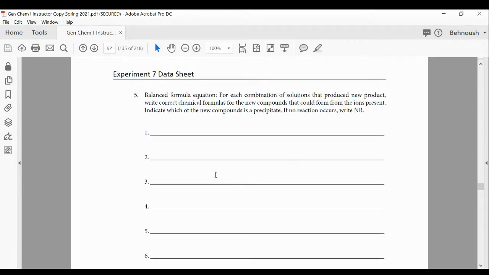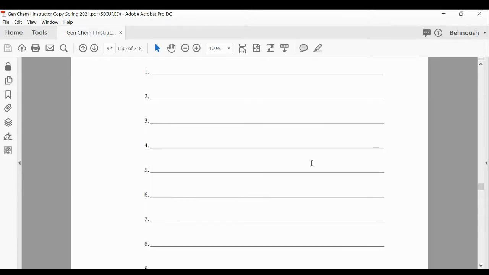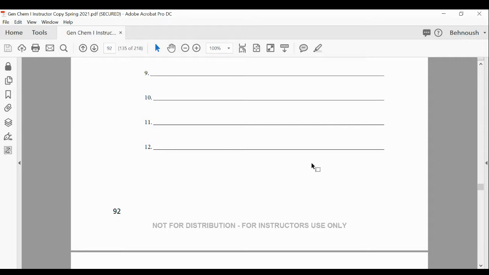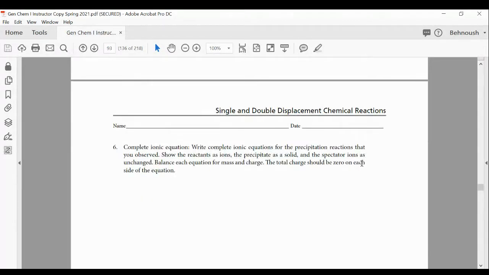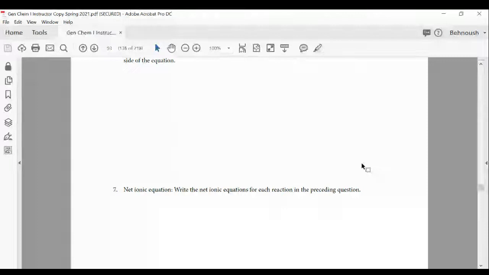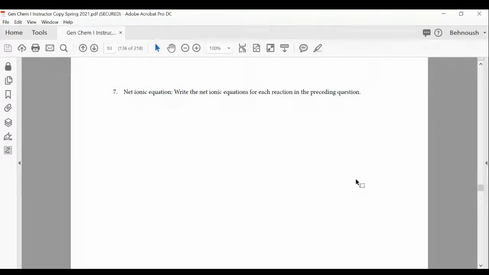So for the molecular equation, you're just going to add the two reactants and predict the two products. At that point, you have to indicate which of the products is AQ and which one is solid. And then on the next step, you want to write the complete ionic equation. Just break down anything that is indicated AQ into ions.